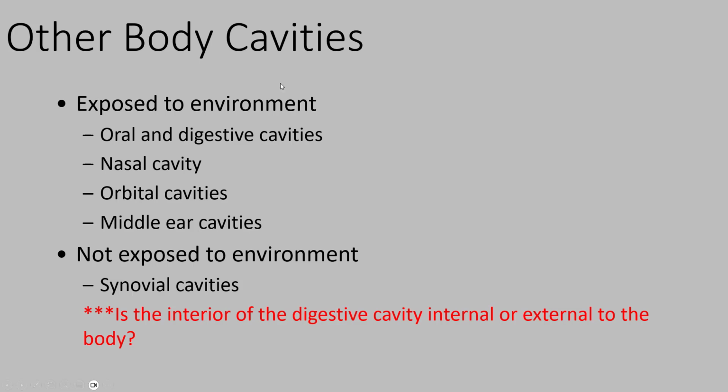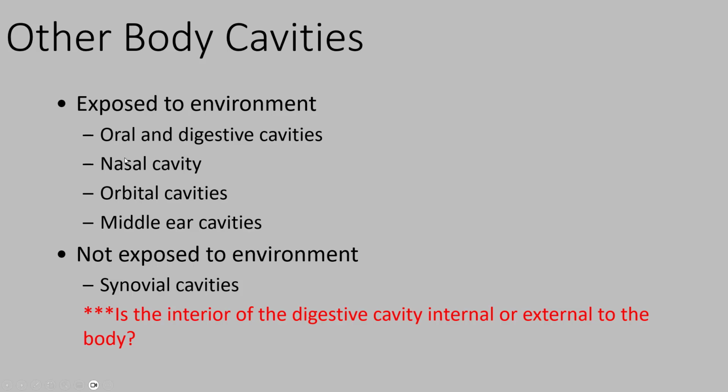The oral and the digestive cavities, so inside the mouth, inside the esophagus or the stomach or the intestines or the anus. So all of that is exposed because if you open your mouth wide enough, someone could go down your throat with a tube and get to all of those regions because they are exposed.